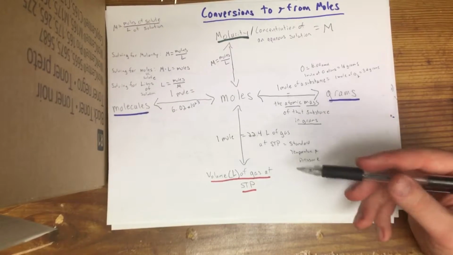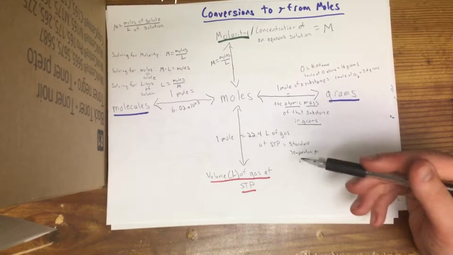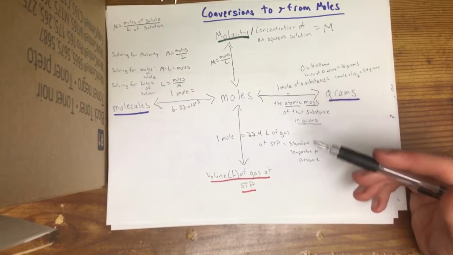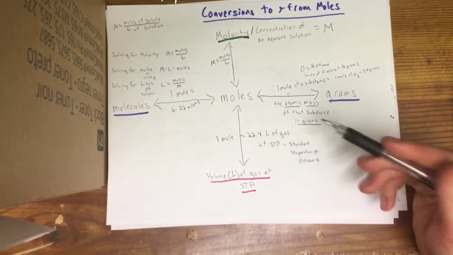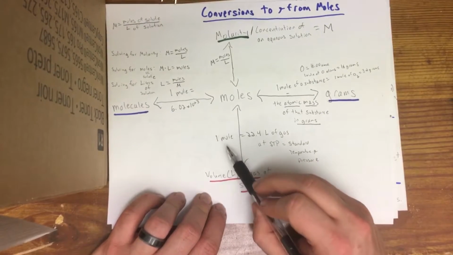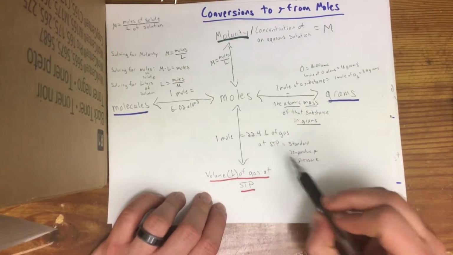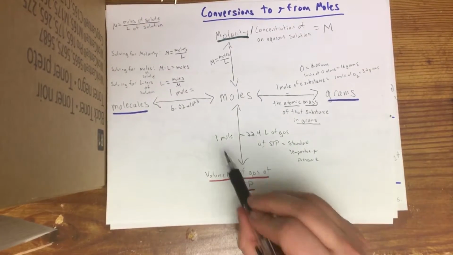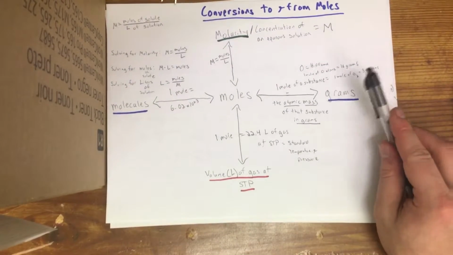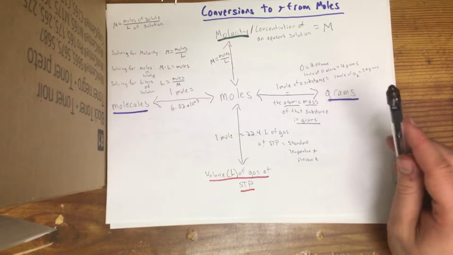So if you're talking about oxygen, or methane, or nitrogen gas, or hydrogen gas, it doesn't matter what type of gas you're talking about. For any gas, 1 mole of that gas at standard temperature and pressure will take up 22.4 liters of space. So we can use this as a conversion factor to tell us how many moles of a certain gas that we have.